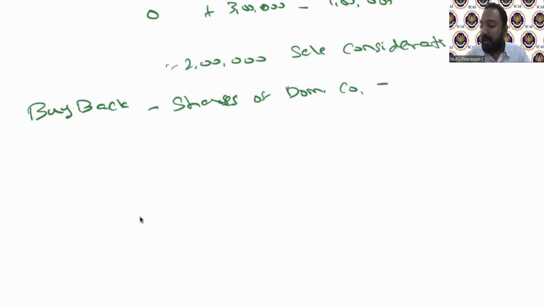For them, it will be taxed at 20% plus 12% surcharge plus 4% cess. That is tax in the hands of the company, correct? That's why it is exempt in the hands of the shareholder.